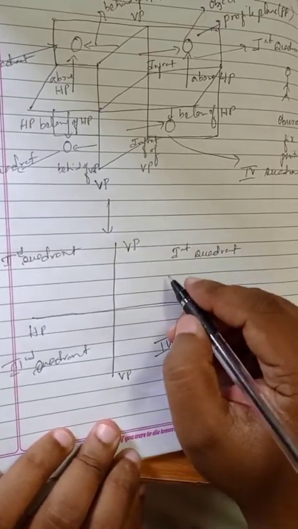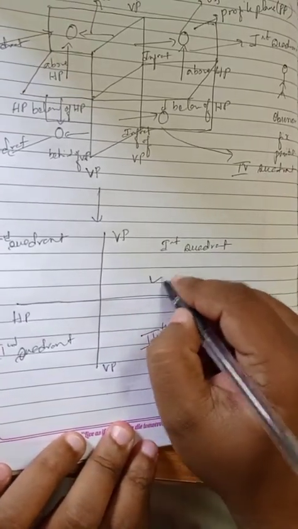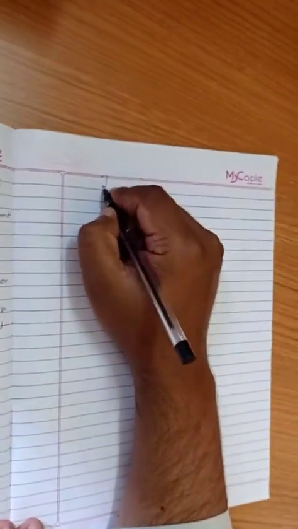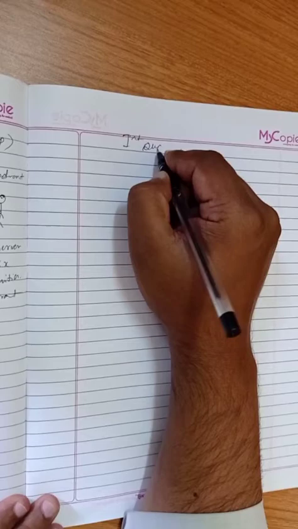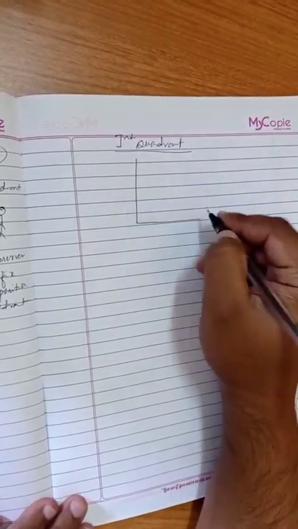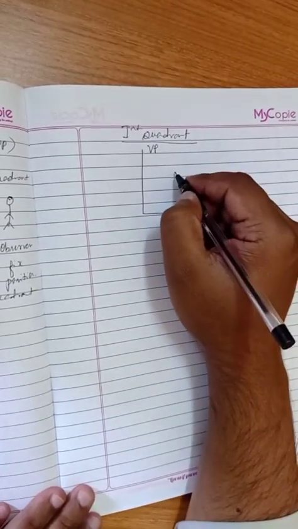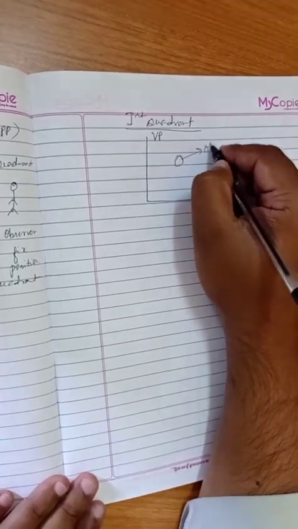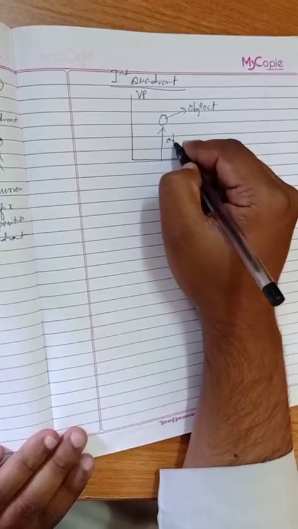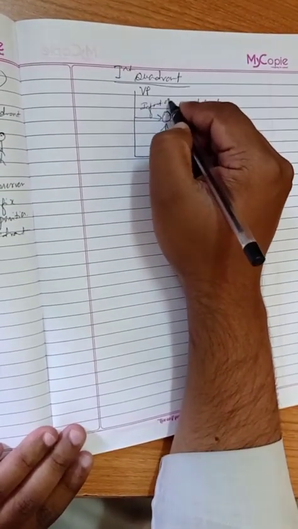Now individually we can take each of these quadrants. Initially I will take the first quadrant. It will be written like an L. First quadrant: vertical plane, horizontal plane. Now the position of the object: the object is lying above the HP and in front of the VP.